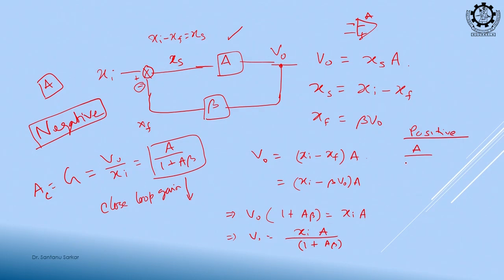So in positive feedback you can do the math and you will find it is 1 minus A beta.